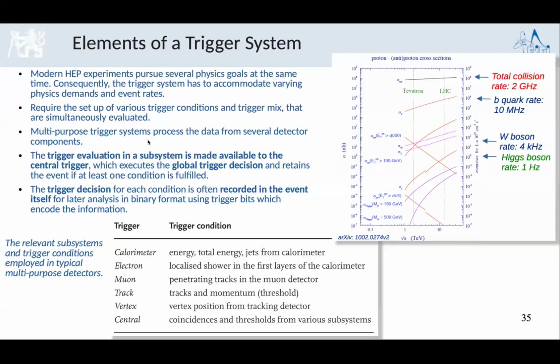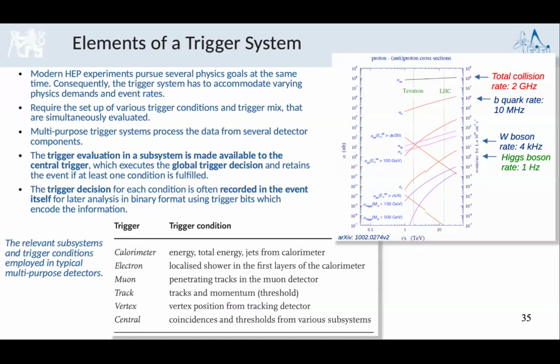And the most common strategy to cope with that is that the experiment has a central trigger that processes the information from the detectors, and in this central trigger the global trigger decision for the whole experiment is executed.